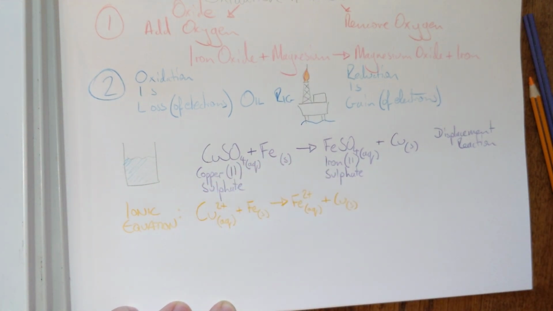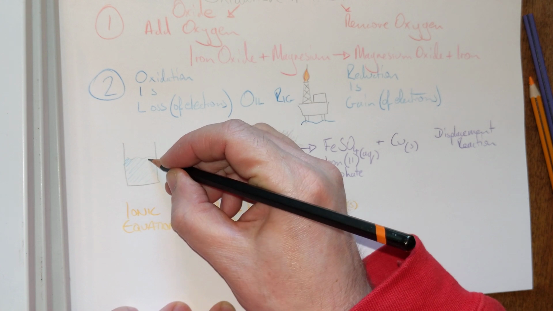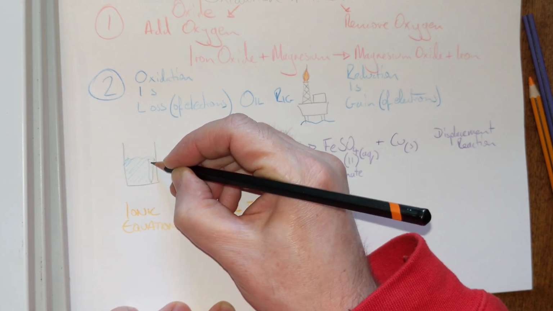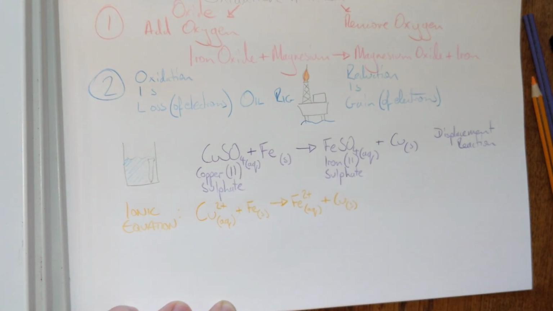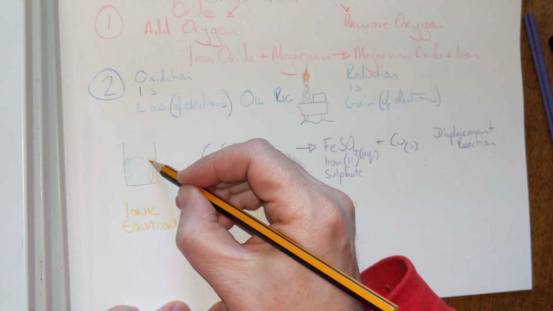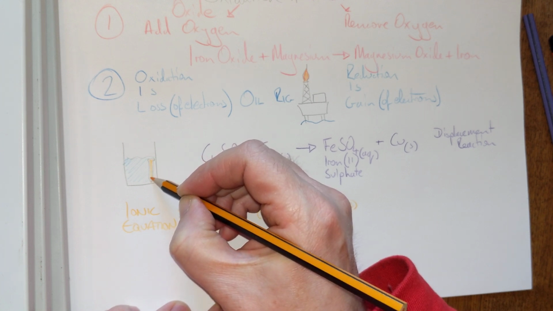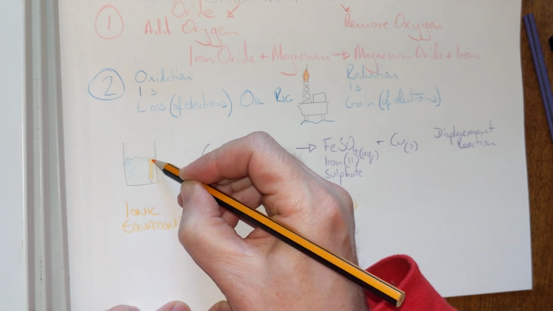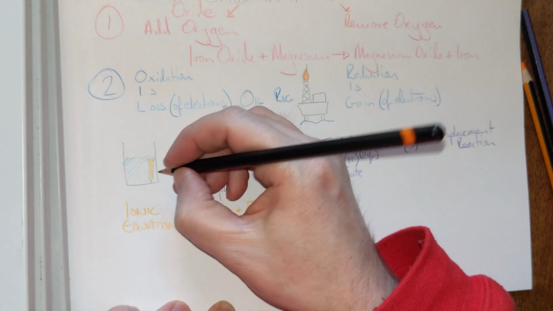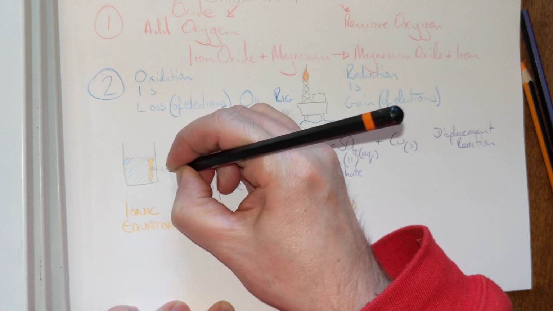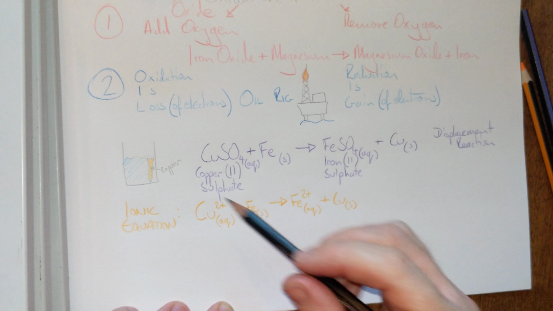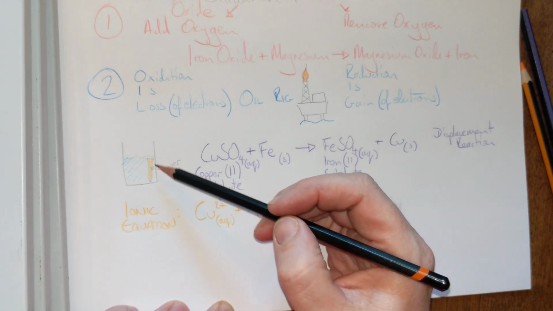And if you put in it a nail made of iron, Jamie's going to absolutely love my diagram there, then what you will find is that over time you will get an orange colour appearing on the outside, and that is the copper metal being laid out, it's replacing that iron.